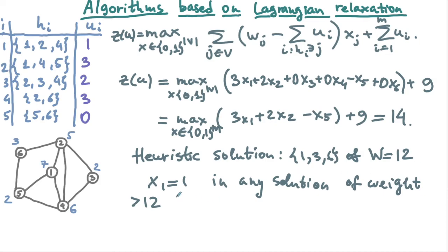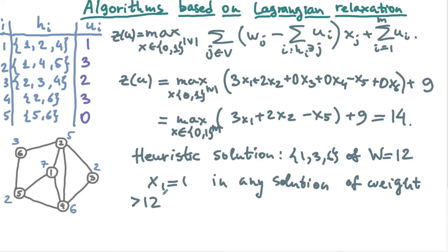This implies that x1 must belong to any optimal solution. So I can fix x1 to 1, and once I fix x1 to 1, this eliminates the vertices 2, 5, and 4, and the only remaining candidates are 6 and 3, and clearly now this solution that I obtain is the optimal solution. Alright? I could have analyzed other variables as well.